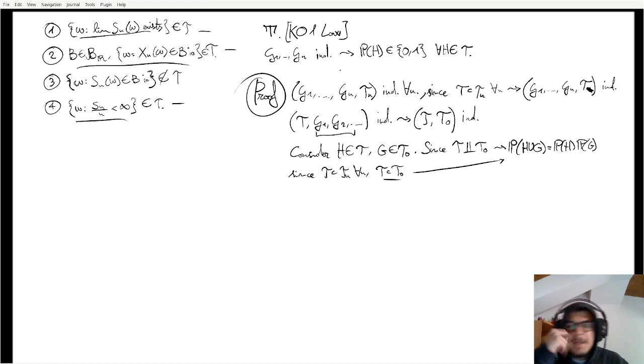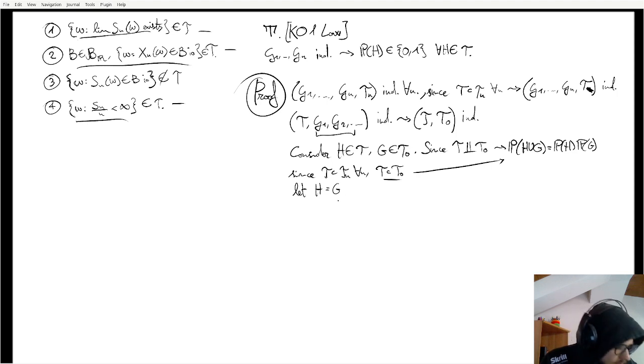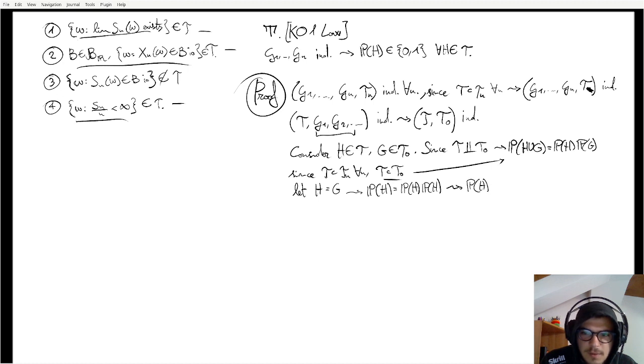But in any case, if we let G equal H, what we get is that the probability of H is the probability of H times the probability of H. And this can only be the case if the probability of H is either 0 or 1.